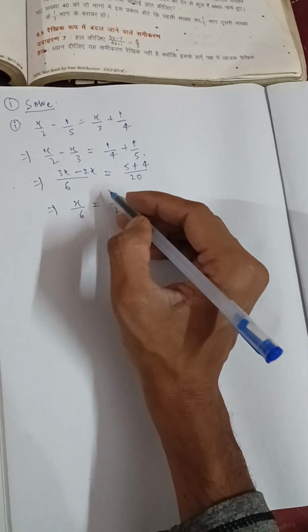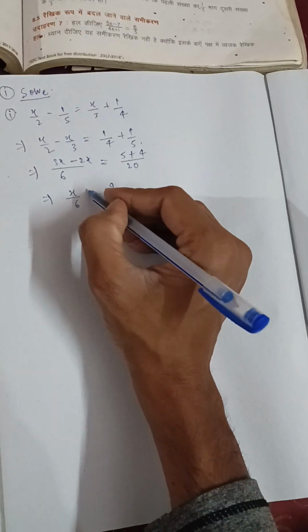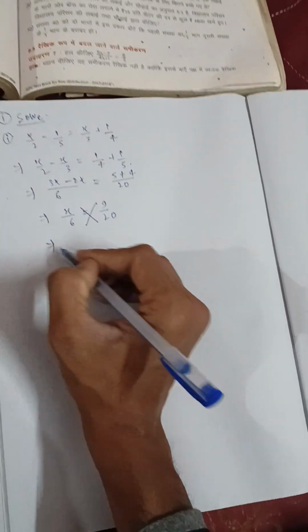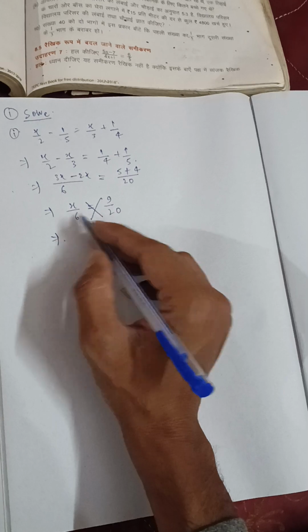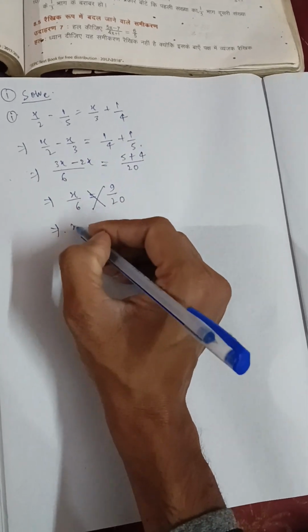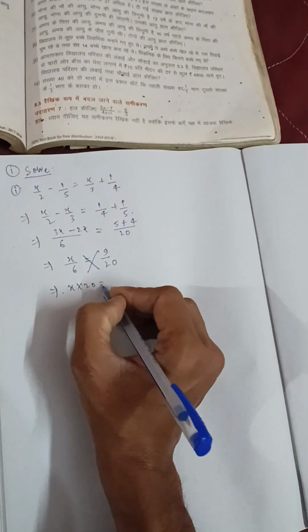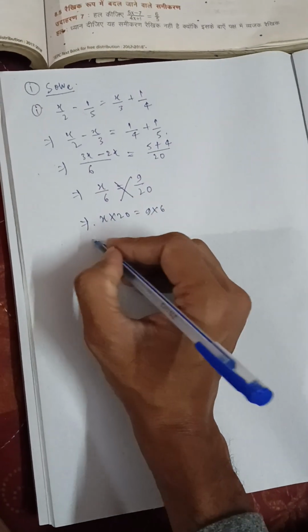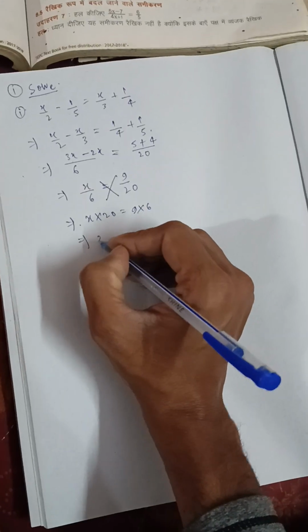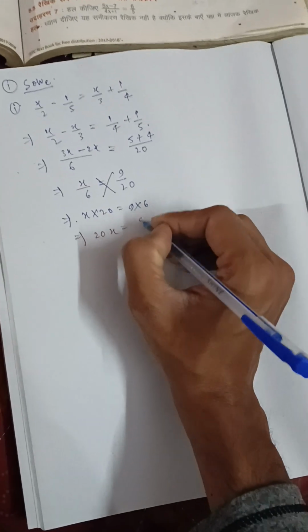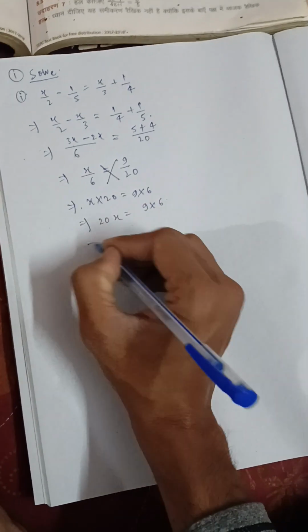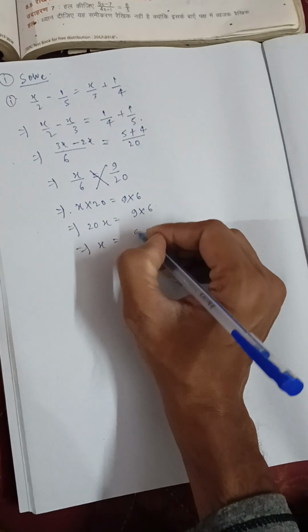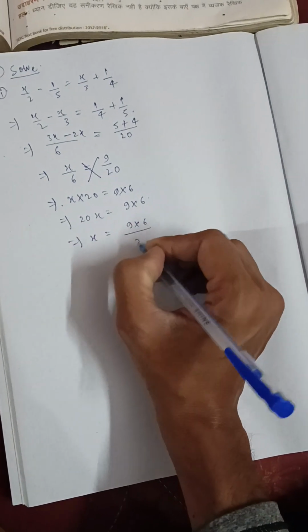Here cross multiplication between x by 6 and 9 by 20, so x into 20 equal to 9 into 6, 20x equal to 9 into 6, and x equal to 9 into 6 divided by 20.